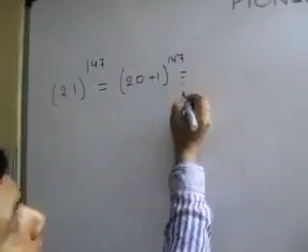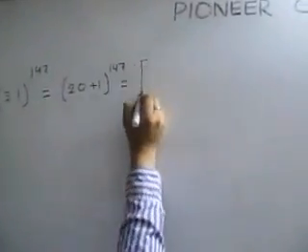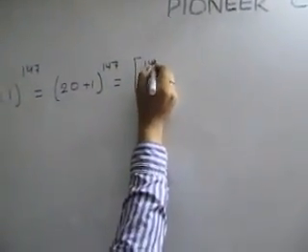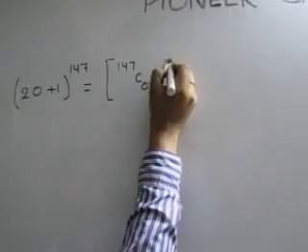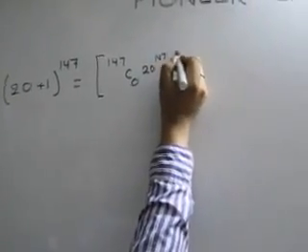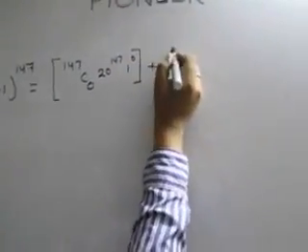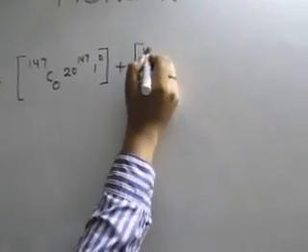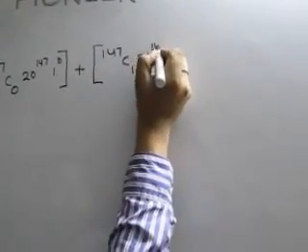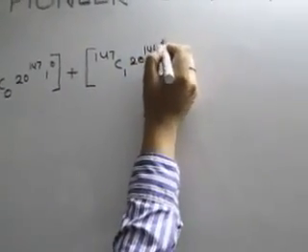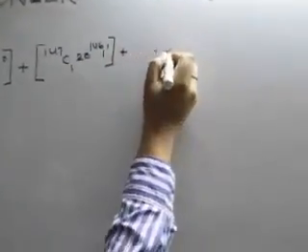Now if we do the binomial expansion of this particular term, the first term will be 147C0, 20 to the power 147, 1 to the power 0. The second term will be 147C1, 20 to the power 146, 1 to the power 1, and so on.